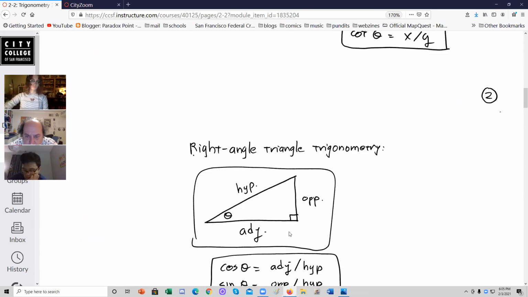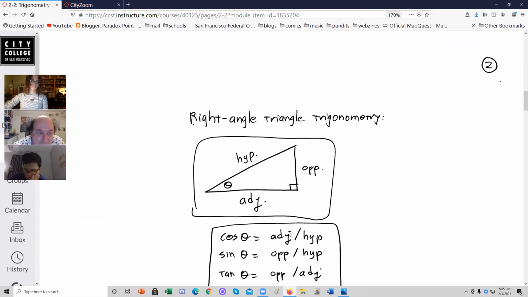Now we roll it back to the oldest definition, in terms of right triangles. So you have a right triangle, 90 degrees here. Here's the angle theta. Opposite theta is this side here, we'll call OPP for opposite. Adjacent to theta is this side here, ADJ for adjacent. And this diagonal is called the hypotenuse in the Pythagorean theorem, so we'll call it HYP.